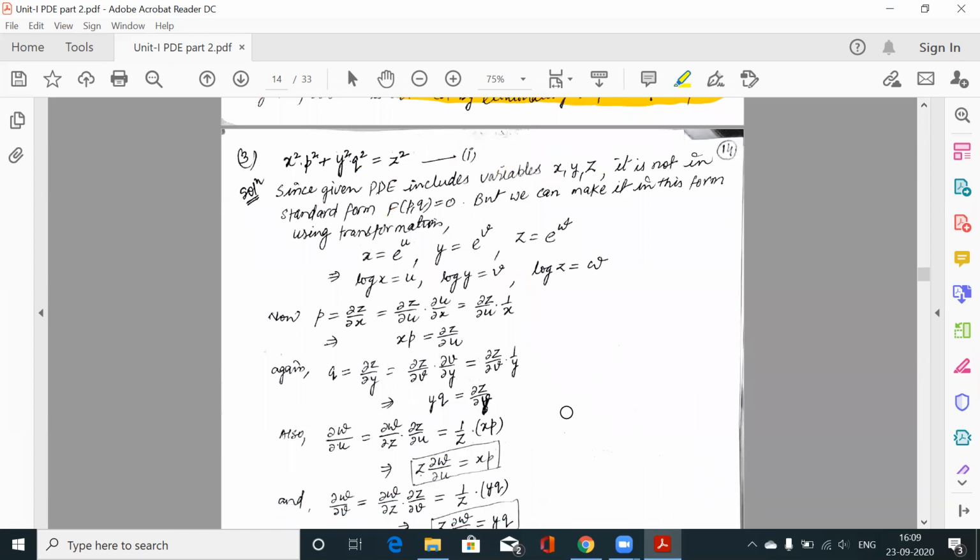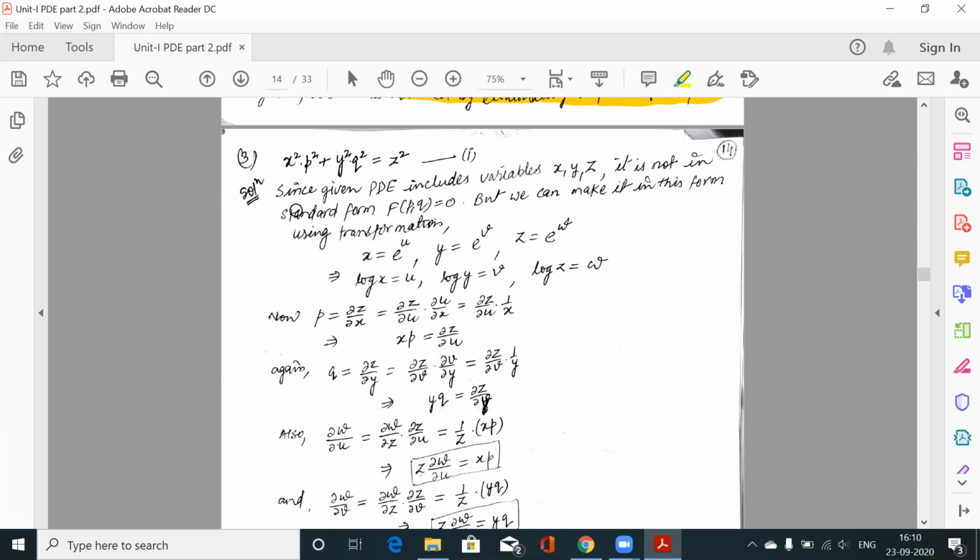Now again, remark 3 was that if it is not in the standard form, then by using some particular substitution we can make the PDE in the form of this. Not all PDEs, but some particular types of PDE we can convert into standard form 1 or case 1.